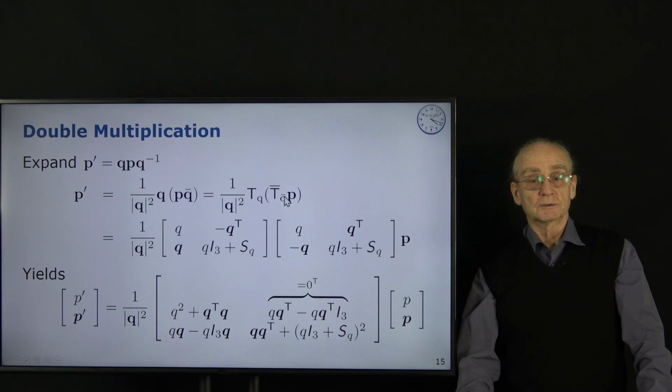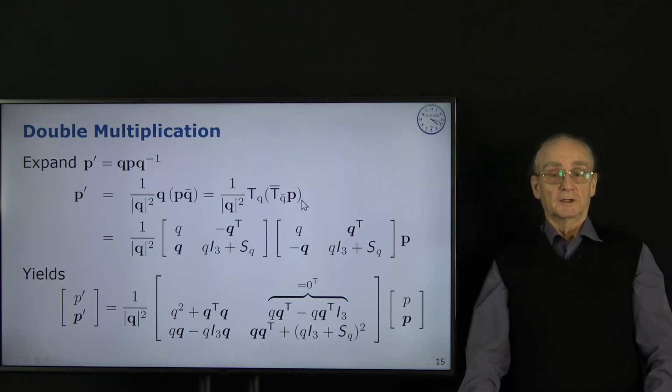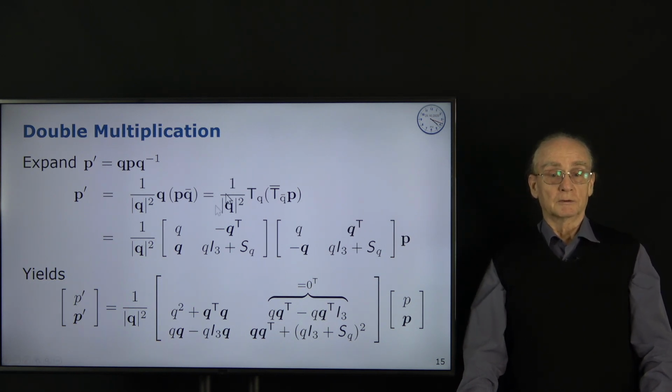That means we have to use the multiplication matrix T bar of Q bar multiplied with P. And if we now leave out the brackets and write it out, we get the following expression: 1 over the norm squared of Q multiplied with the T matrix of Q, which is Q0, negative vector, positive vector, Q0 times the unit matrix plus the skew symmetric matrix.